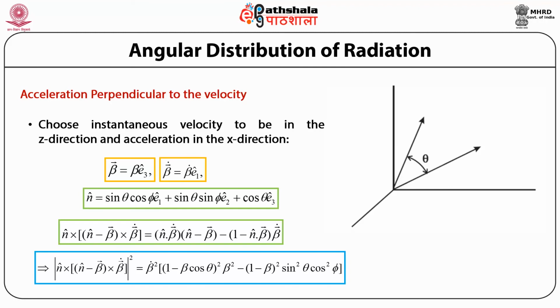The various vectors and scalar products can now be worked out, and we have n cap cross bracket n cap minus beta cross beta dot bracket close equals n cap dot beta into n cap minus beta minus 1 minus n cap dot beta into beta dot, which implies that mod of n cap cross bracket n cap minus beta cross beta dot bracket close whole square equals mod of n cap dot beta dot into n cap minus beta minus 1 minus n cap dot beta into beta dot whole square, and this could be equal to beta dot square into 1 minus beta cos theta whole square minus 1 minus beta square sin square theta cos square phi.